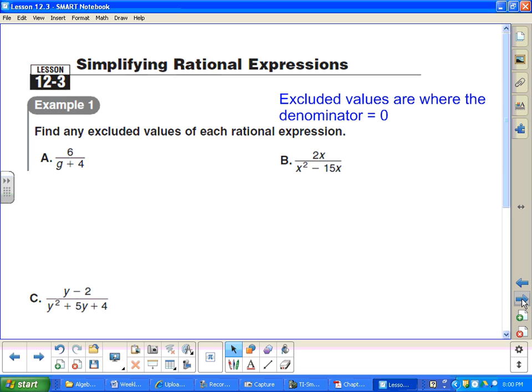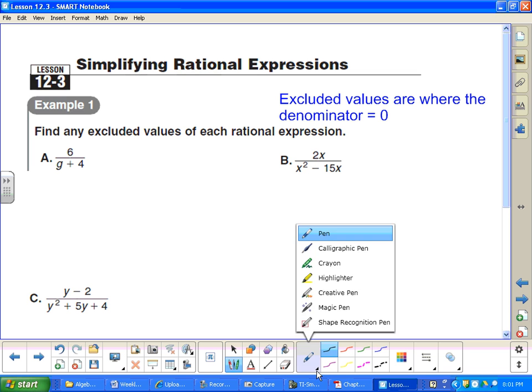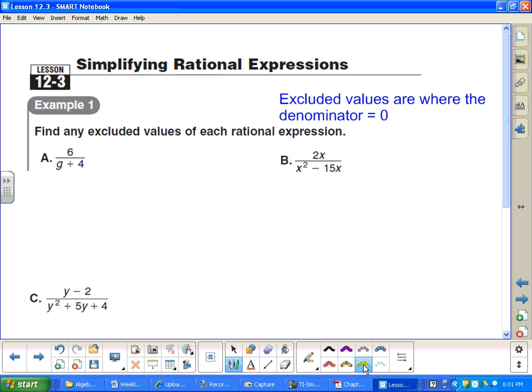So simplifying rational expressions, they want us to find any excluded values for each rational expression. When we're talking about excluded values, we're looking for when the denominator is equal to 0.